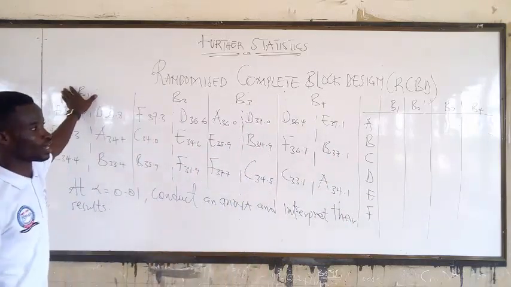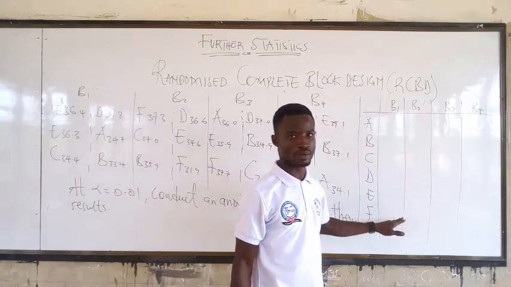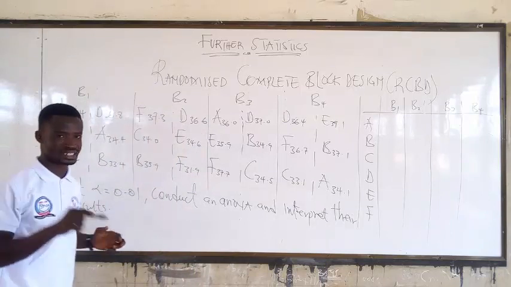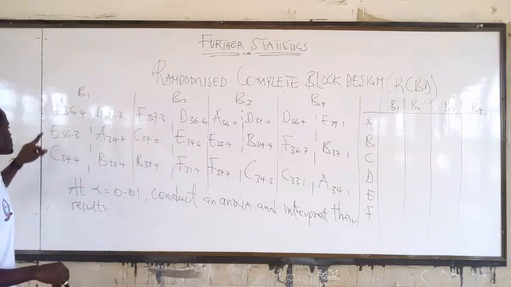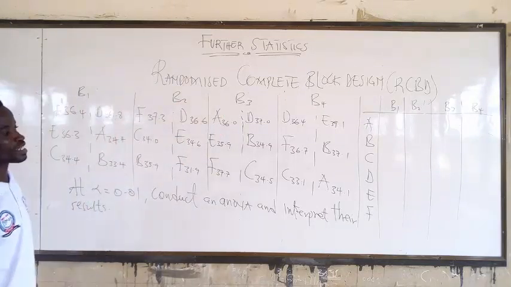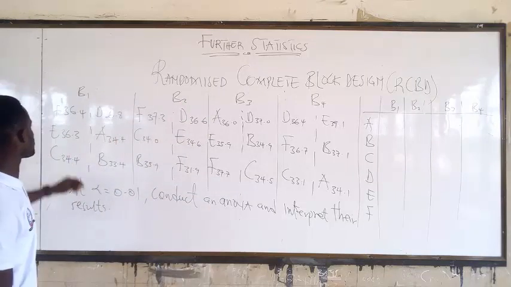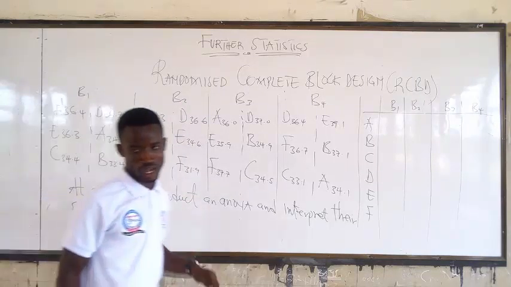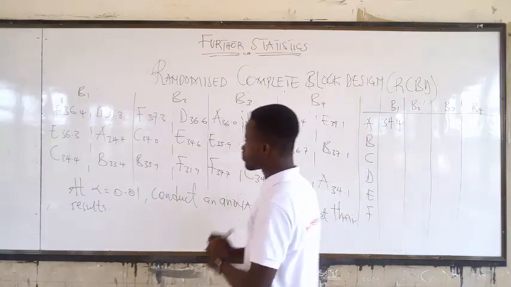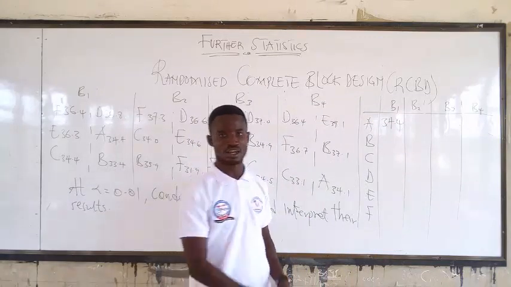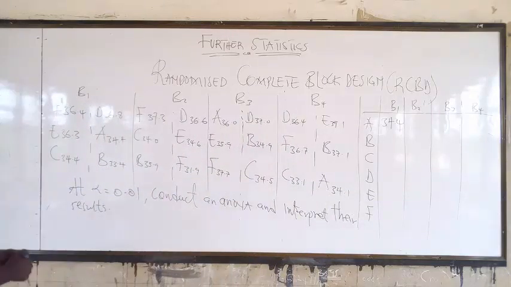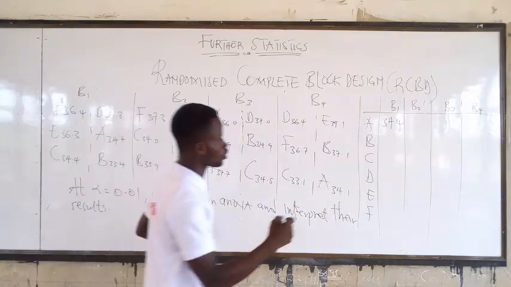So when you come to B1, under the B1 we have A to F: A, B, C, D, E, F. That's what is going to represent our row. The A is 34.4. The B is 33.4.